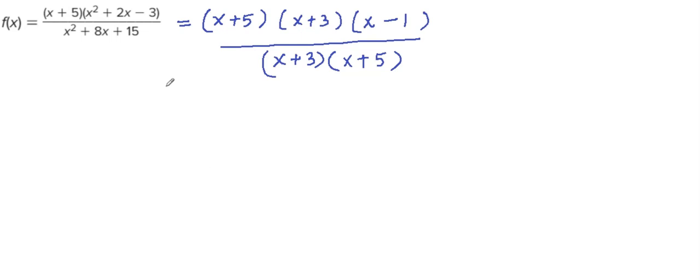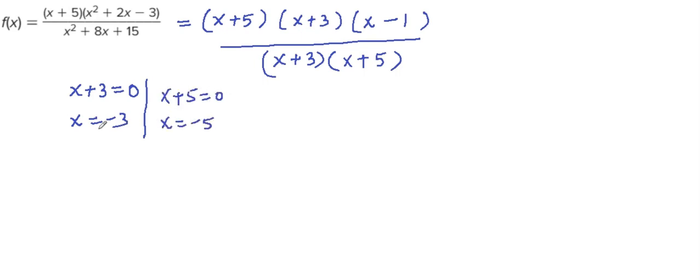Now make the denominator equal to 0. So x plus 3 equal to 0 means x is minus 3. And x plus 5 equal to 0, so x is equal to minus 5. These two points are the points of discontinuity.